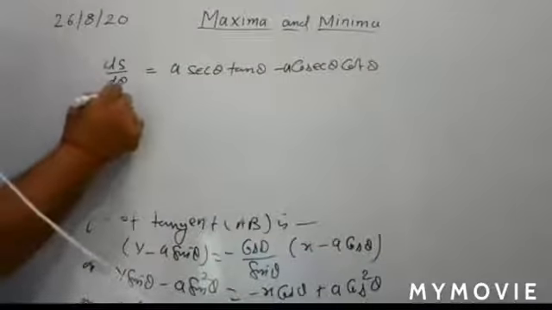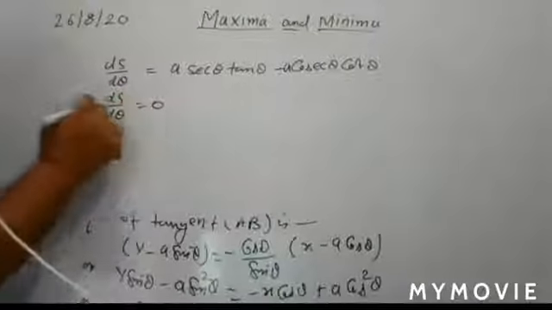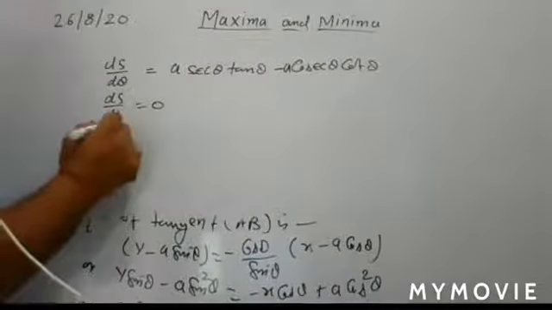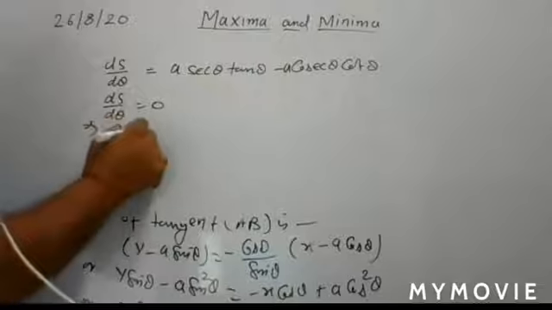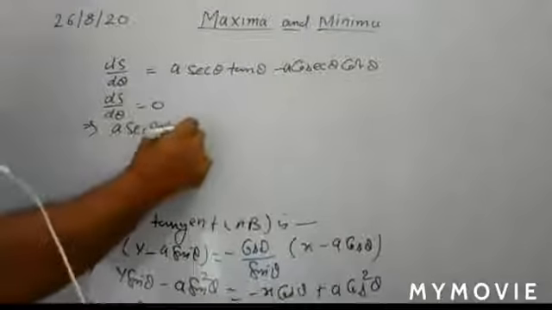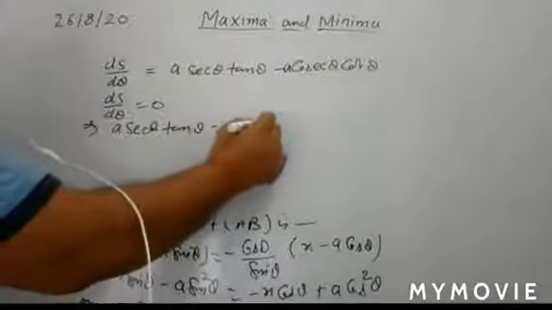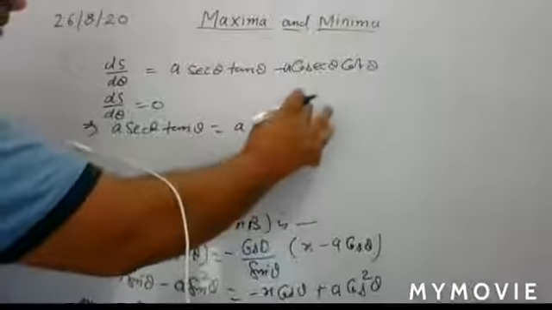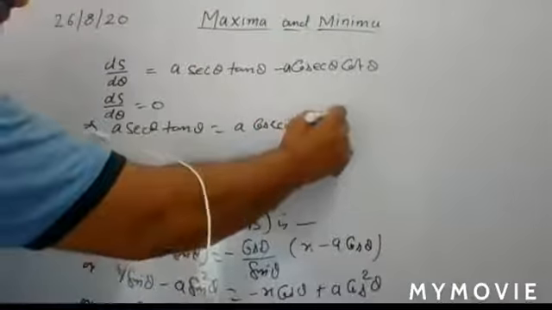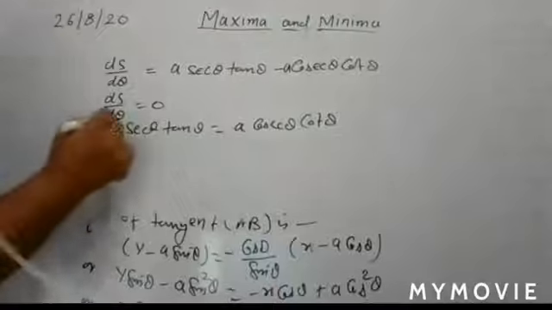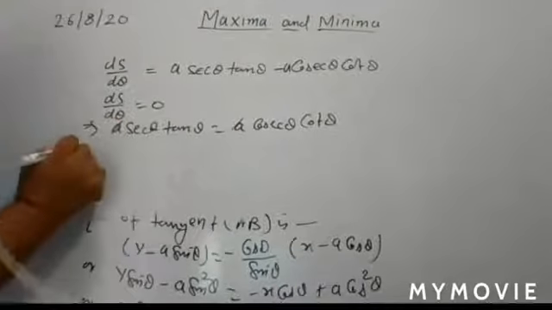Now ds by d theta is equal to 0 implies a sec theta tan theta is equal to a cosec theta into cot theta. Yes, these two are equal, so a and a cancel out.